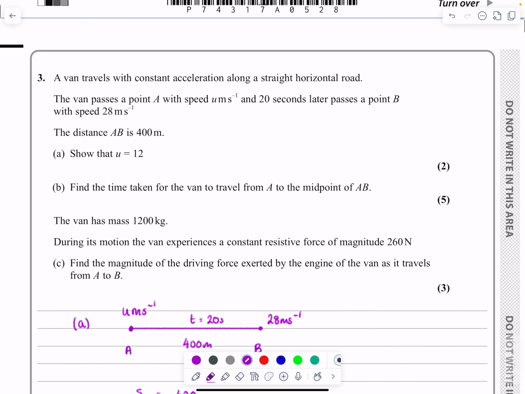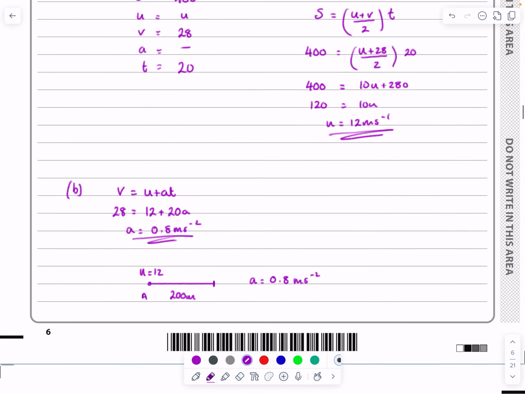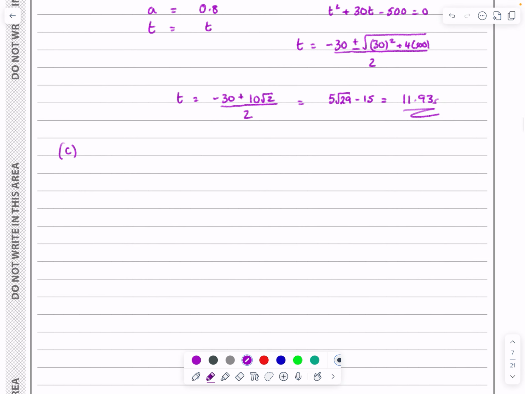So for part C it says the van has a mass of 1,200 kilograms. During the motion, the van experiences a constant resistance of 260 newtons. Right, I'm going to be drawing a force diagram out for this. Find the magnitude of the driving force exerted on the engine as it travels from A to B. Okay, so not a complicated diagram, but I'd still do it every time I do a forces one. So what I've basically got is a situation where this thing has a driving force there.